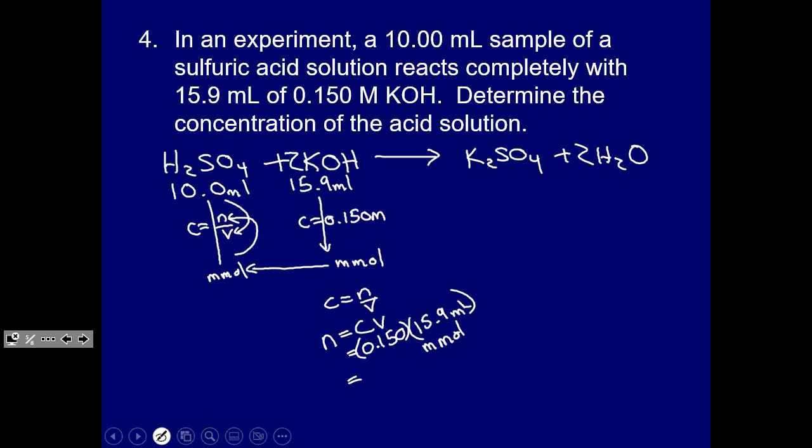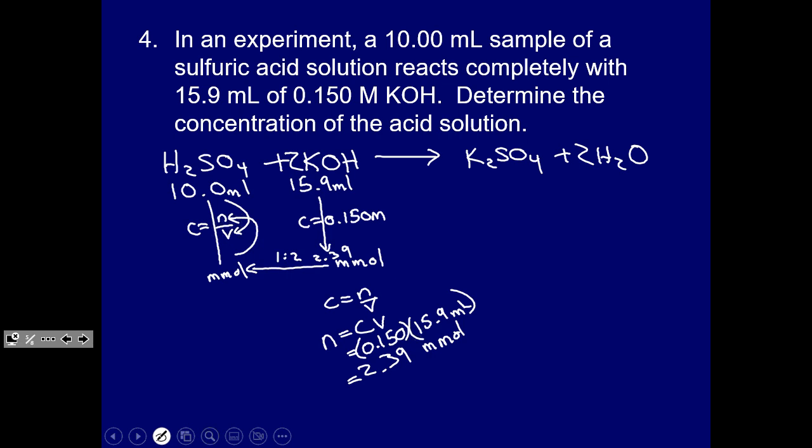So those last examples, we had really tiny decimal numbers, and they were a pain to write out all those extra zeros. In millimoles, you don't have that. Carol, what do you got? 2.39. 2.39 millimoles. We have a 2-to-1 ratio.